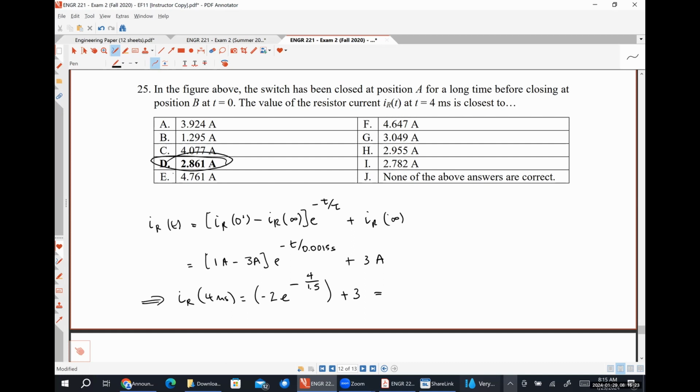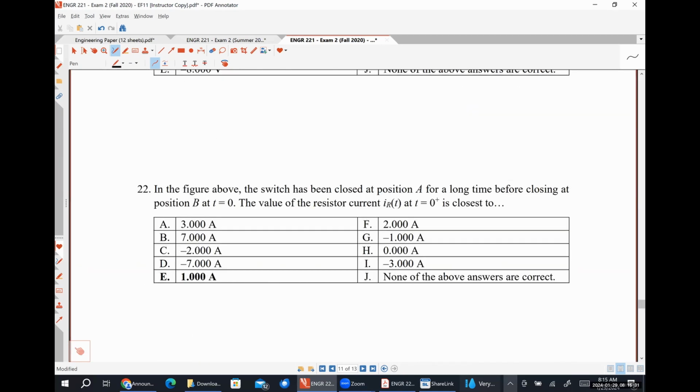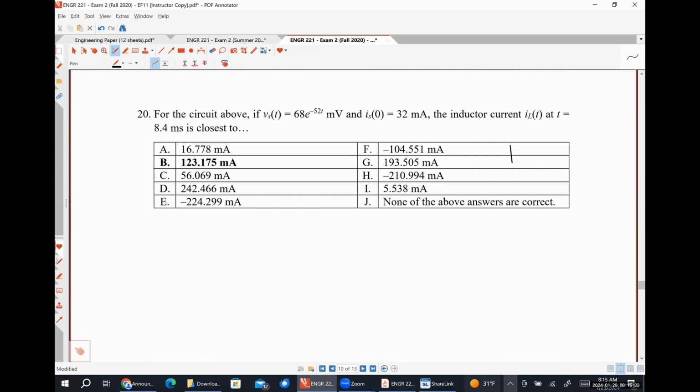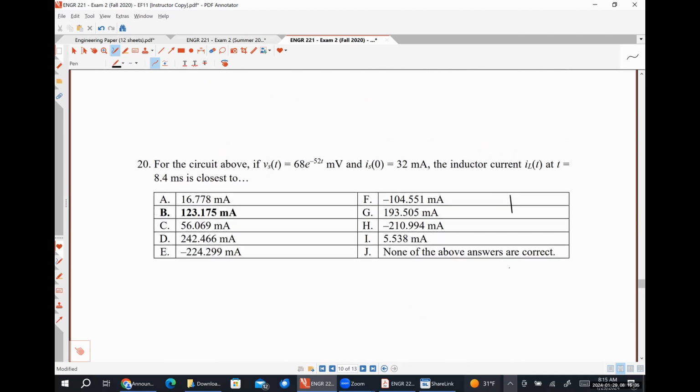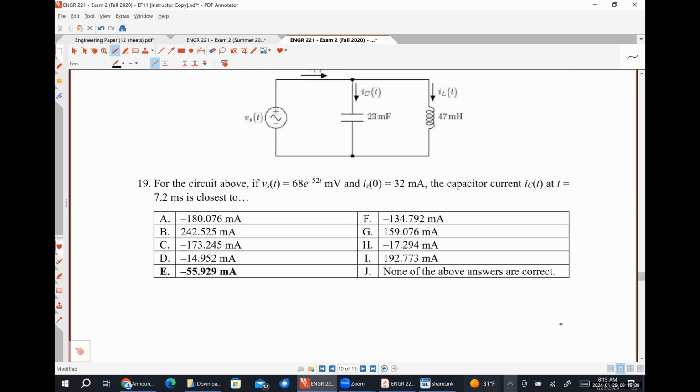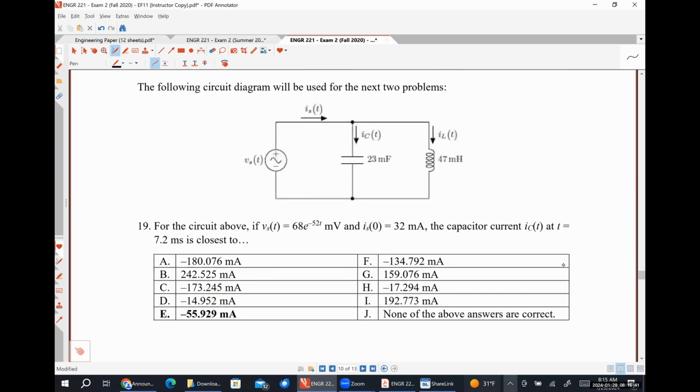Yep. Yes, Bilby. Absolutely. So for this circuit here, this is effectively the exact same thing as homework set 12, problem 5.